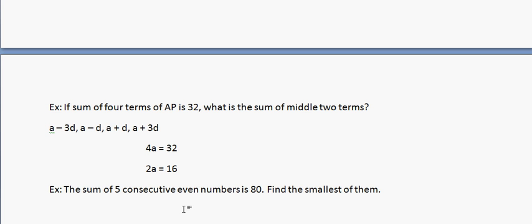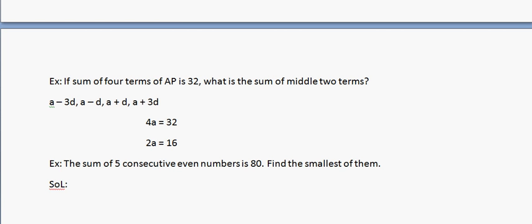Now the next question says, the sum of 5 consecutive even numbers is 80, which is the smallest of them? So 5 consecutive even numbers are given. We can assume the common difference is d, so we can assume them as a minus 2d, a minus d, a, a plus d, and a plus 2d.